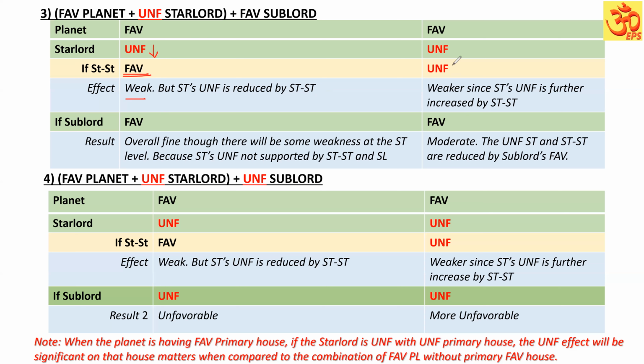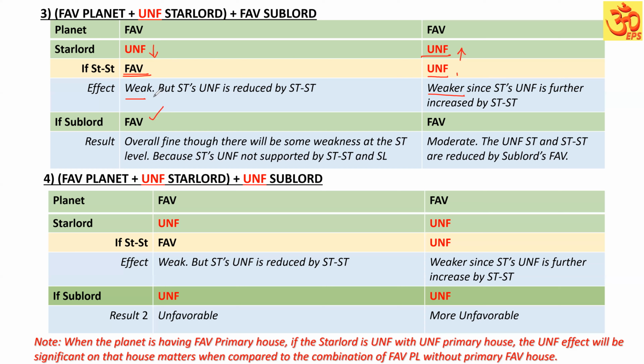You can see in this combination, the star lord is unfavorable in the same way, but the star lord of the star lord is also unfavorable. So this is becoming weaker because the star lord's unfavorable strength is further increased by the star lord of the star lord. I think you are able to differentiate. Next one, what is the sublord impact?